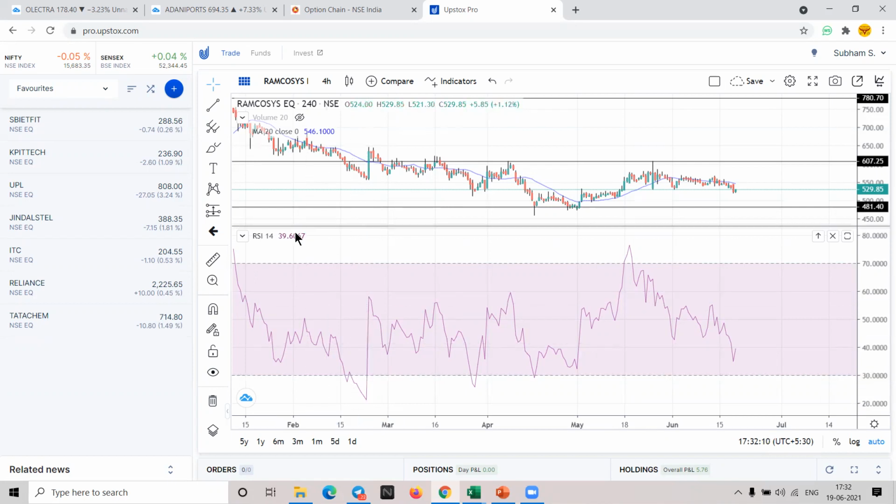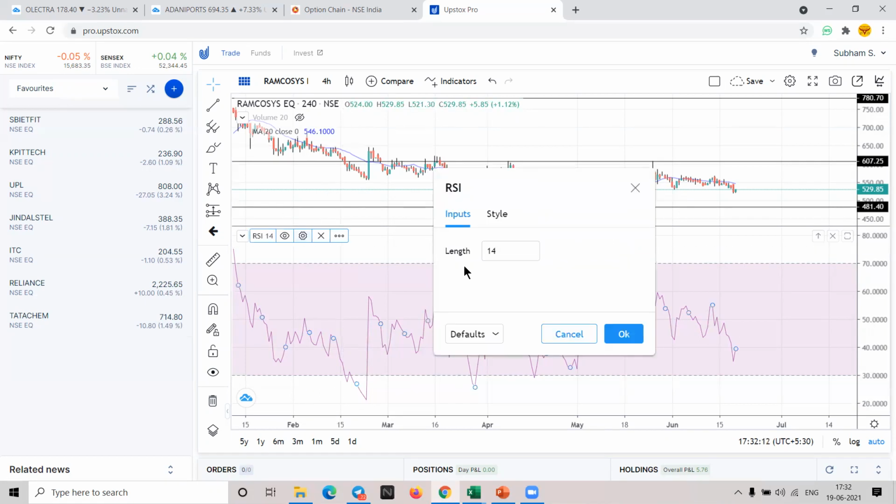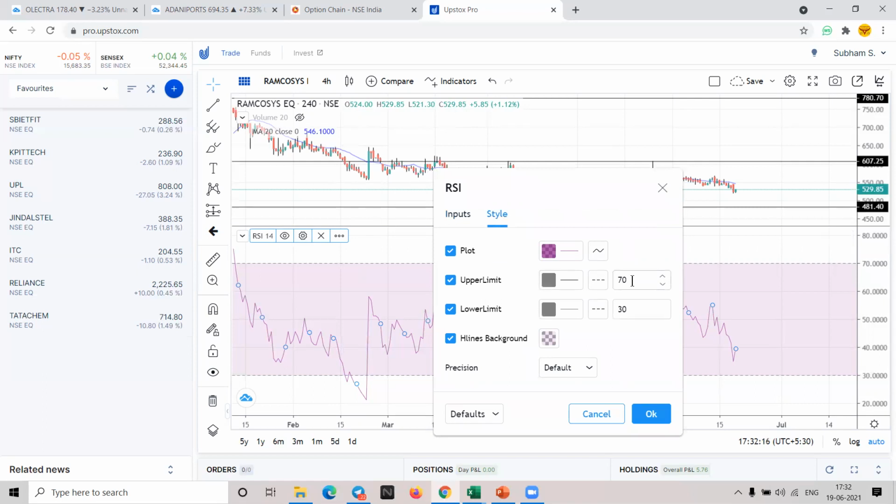We use it in a little different way, as this indicator tells us the strength of the move. So this is the upper limit, lower limit. Above the upper limit is your overbought zone. Below 30 is your oversold zone. This is clear to everybody? Yes or no? Yes, sir.